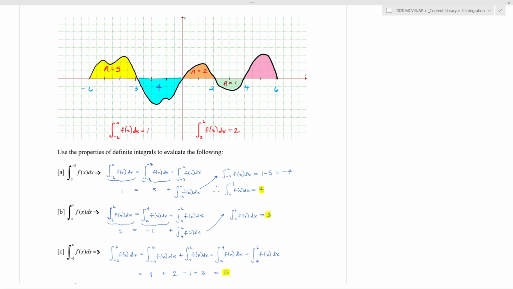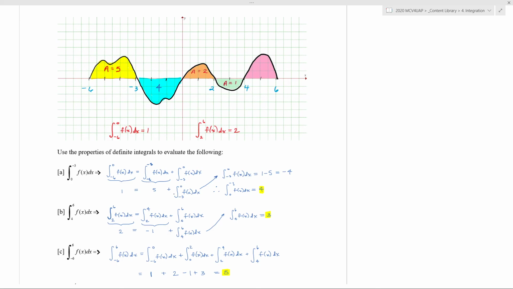So the next one is similar. You're being asked, what is the definite integral from 4 to 6? Basically, it's the area of that pink shaded region. The integral from 2 to 6, which is the green shaded region and the pink shaded region together, is 2.